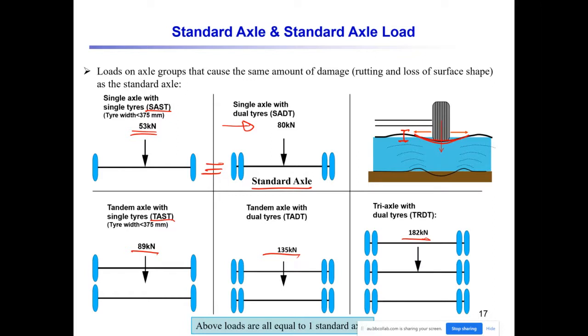So all these loads on different types of axles are equal to one standard axle, simply because they cause the same level of damage, the same level of deflection on the road.